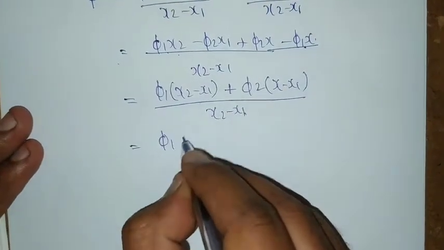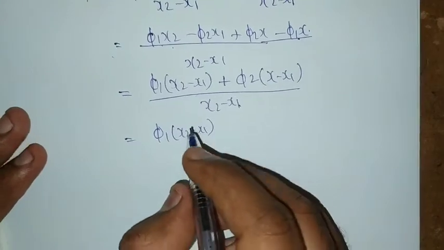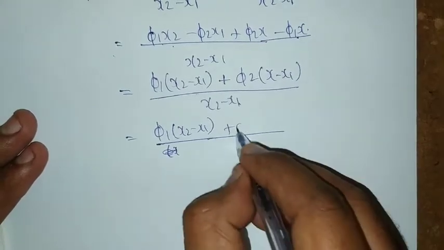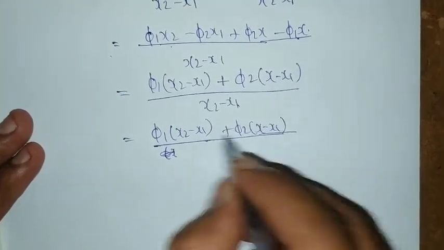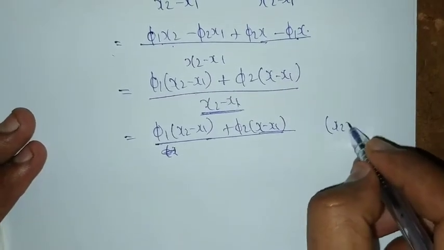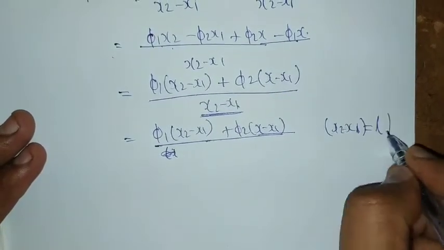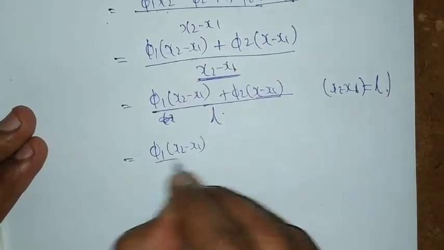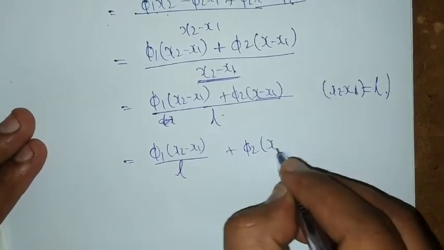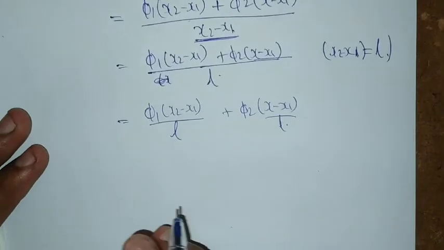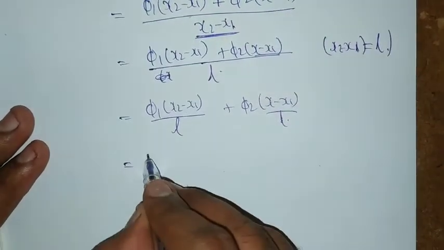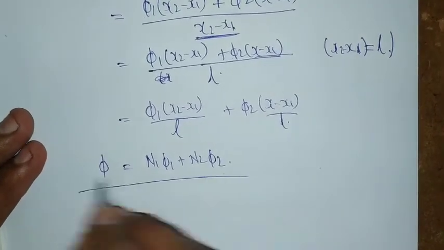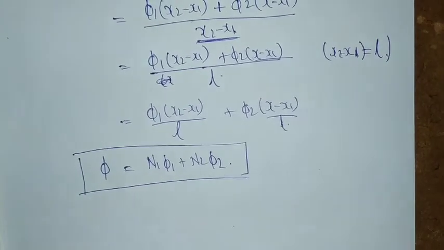If you divide, pi 1 of x2 minus x by x2 minus x1 plus pi 2 of x minus x1 by x2 minus x1, where this x2 minus x1 can be written as L. So that is equal to pi 1 of x2 minus x by L plus pi 2 of x minus x1 by L. So it is in the form where these coefficients can be written as N1 and N2, where the shape function pi is equal to N1 pi 1 plus N2 pi 2.